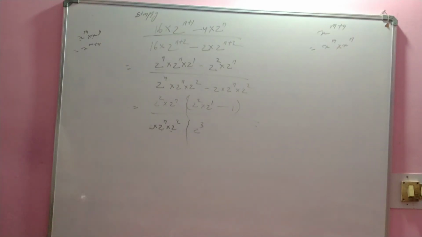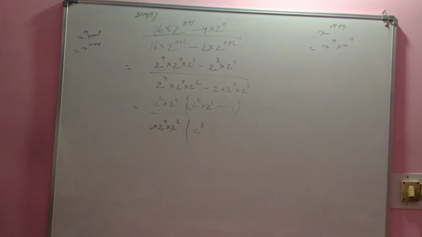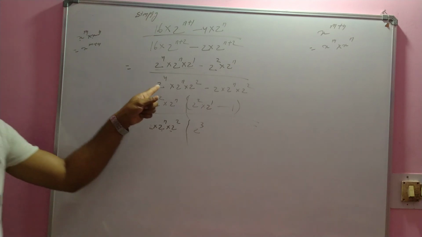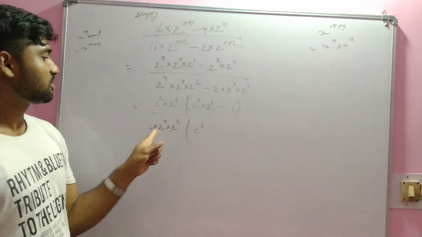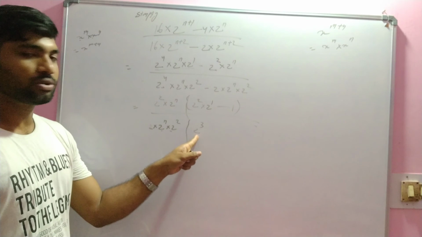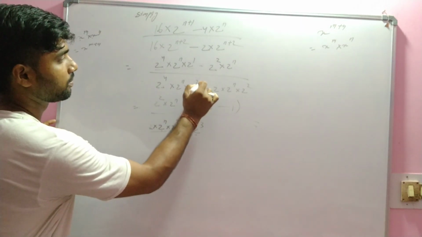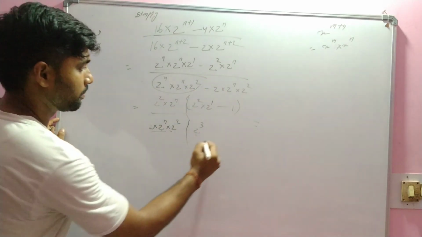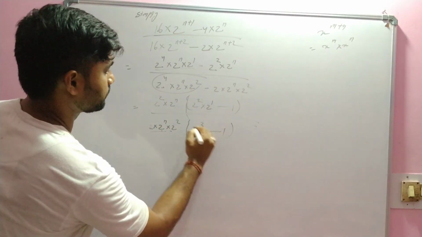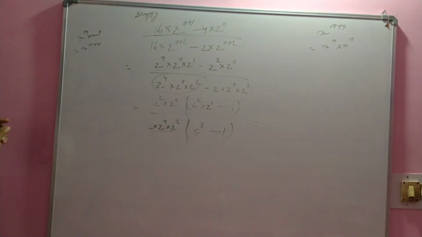Understood? And here 2 to the power 4 is given, already you have taken 2 as common, so next 2 to the power 2 is left. And if you multiply this term and this term, you will get this term, minus 1. Any doubt? No, sir.